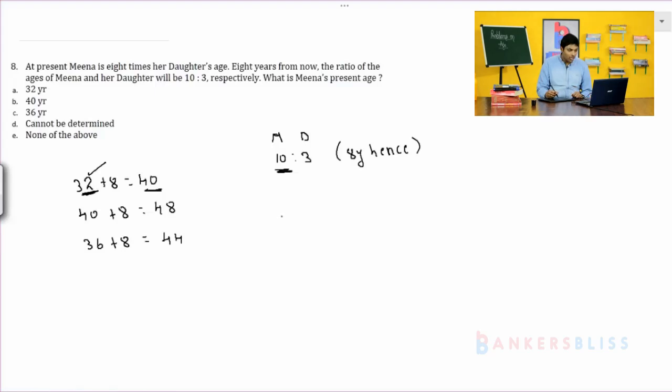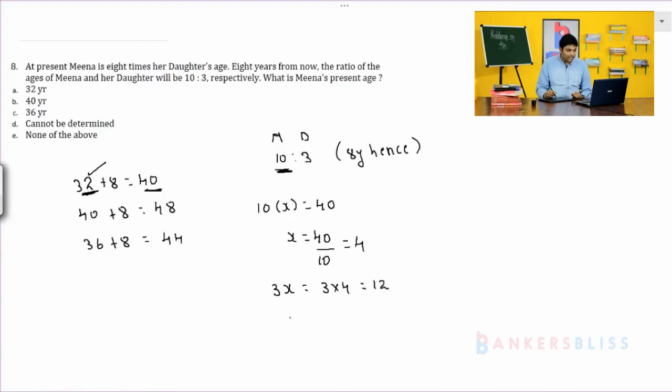Let us cross verify. After 8 years the age is 40, so 10x is equal to 40, therefore x is equal to 40 by 10, which is equal to 4. Then 3x is equal to 3 into 4, 12.